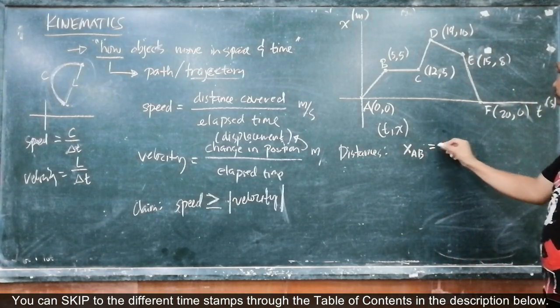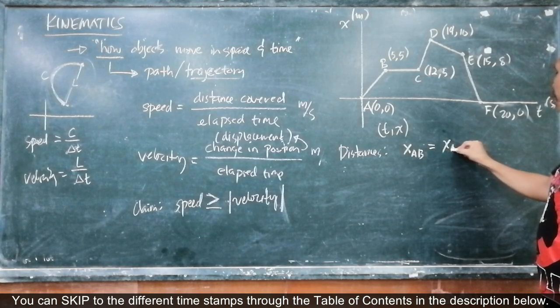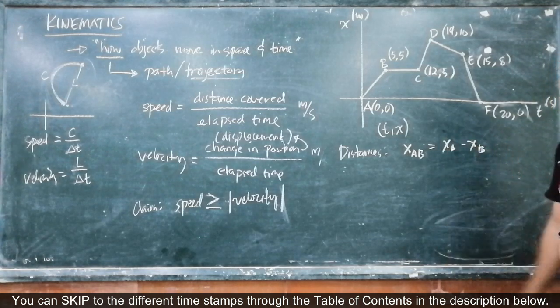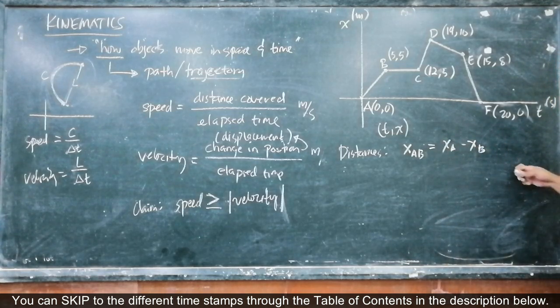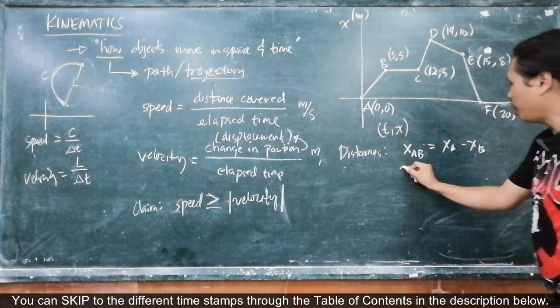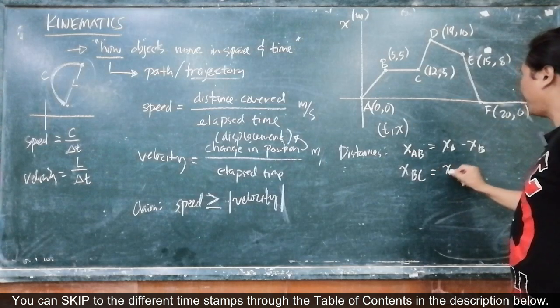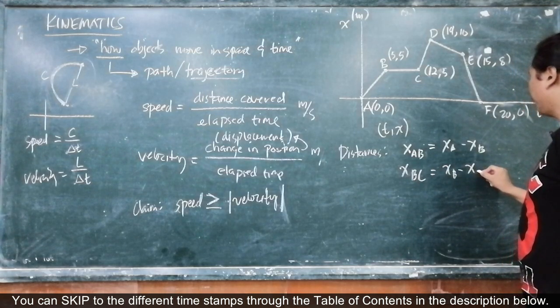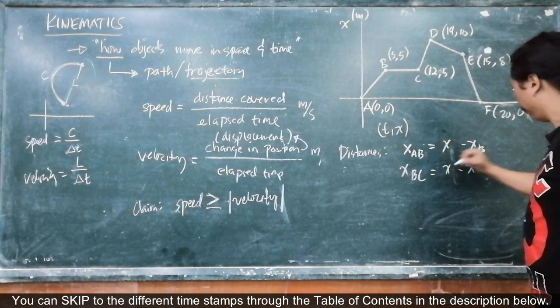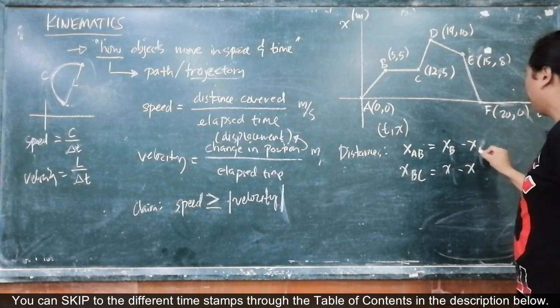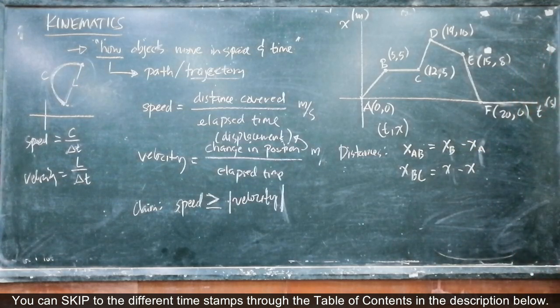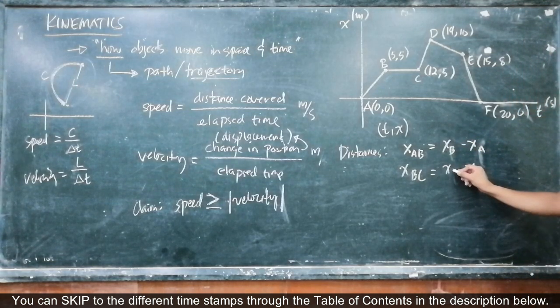XAB, which is what? XA minus XB. Okay? And then we have XBC, which is XB minus, by the way, this is XB minus XA. Okay, this is XC minus XB.